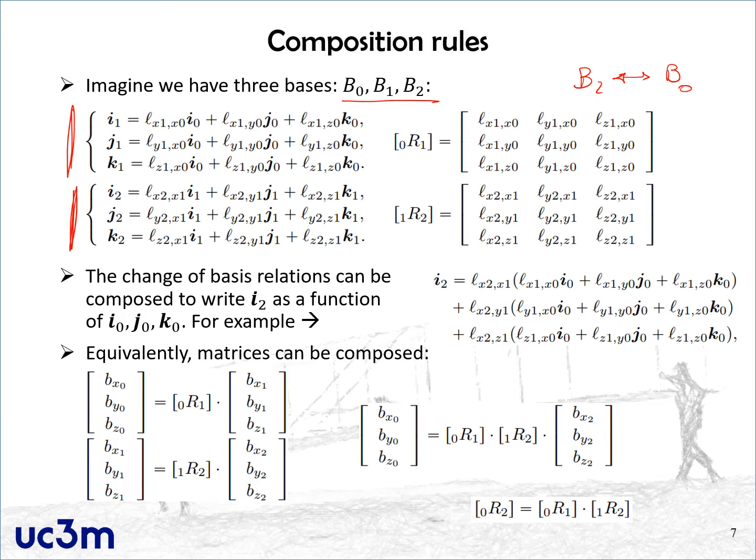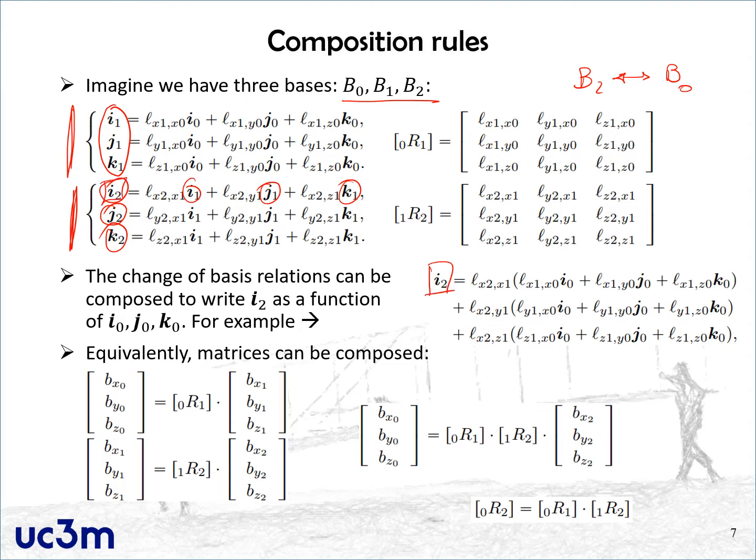We can put together these expressions. For example, we can use the first relations here to eliminate the vectors I1, J1, and K1 on the second. And if we do that, we will have the expressions that link the vectors I2, J2, and K2 in terms of I0, J0, and K0. So this has been done here for the first case, okay, for the vector I2.